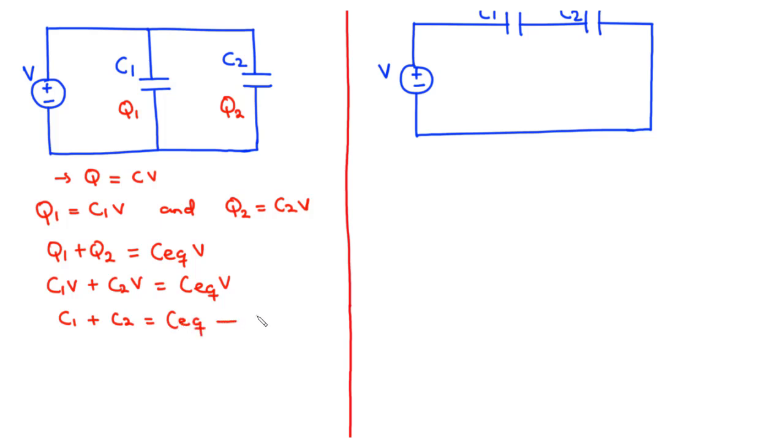Let's call this equation 1. What this primarily means is that for capacitors in parallel, the equivalent capacitance is equal to the arithmetic sum of the individual capacitors involved.